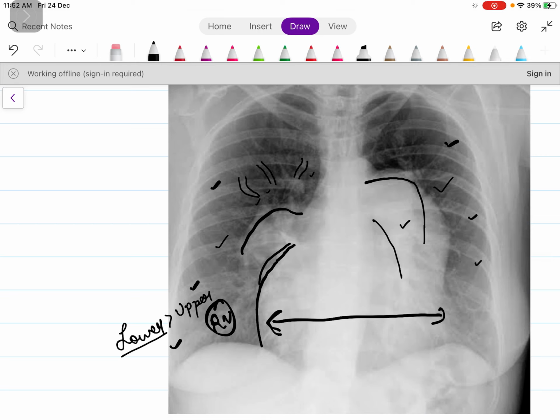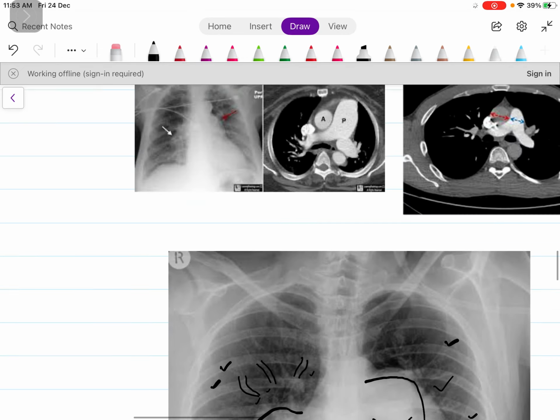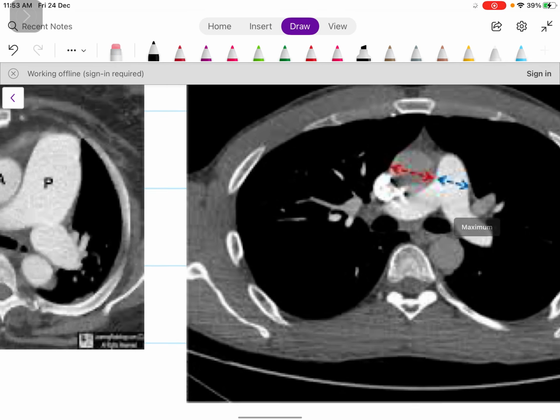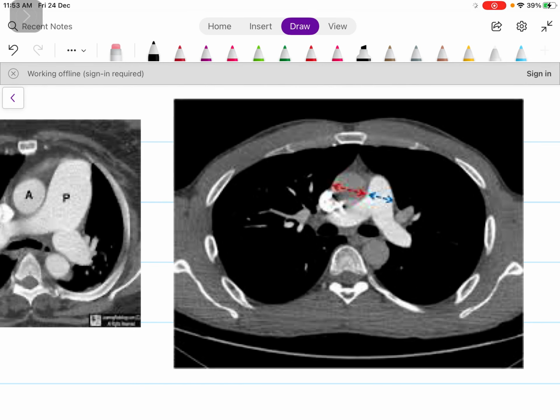So the findings that can be seen in the chest x-ray are enlargement of the pulmonary artery, enlargement of the right ventricle, and prominent vascular markings in the upper zones of the chest x-ray. Then if we do a CT scan, the normal CT scan looks like this. This is our aorta, and this is the pulmonary arterial trunk.